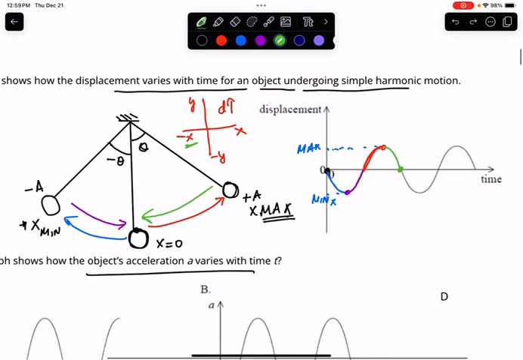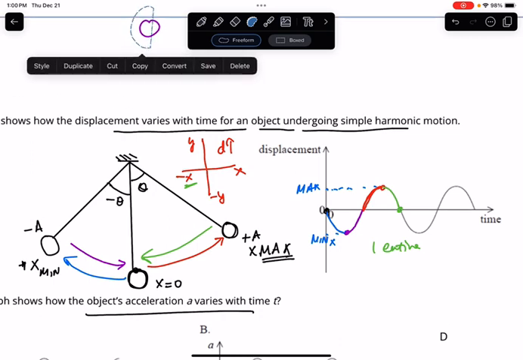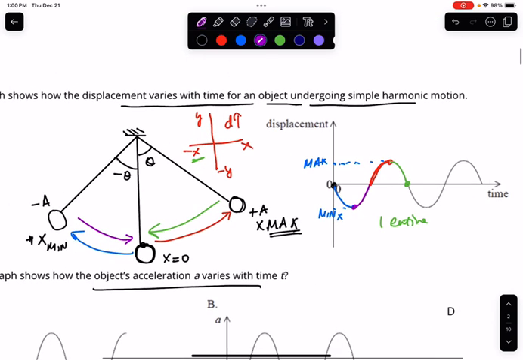That's why the displacement falls and goes back to 0. So this is one entire oscillation, because the starting point and the ending point is 0. You start here, you go to the left, then you go all the way to the right, then you go back to 0. So that is one entire oscillation of this pendulum, and we saw the color-coded version of it.